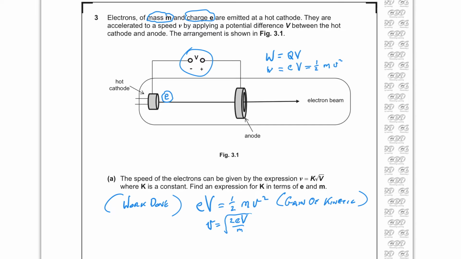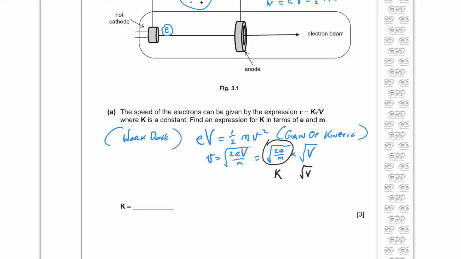And then you just get the root of V on its own. And so k must be what's in that first root there. We can represent the original root as the product of two roots. So the root of 2e over m must be k by inspection. So k must be the root of 2e over m.